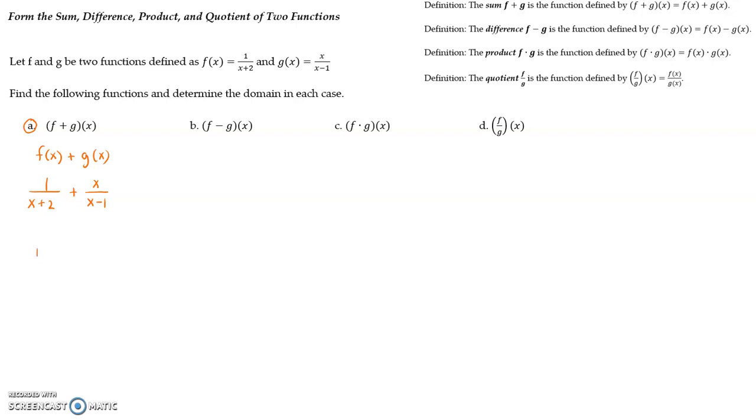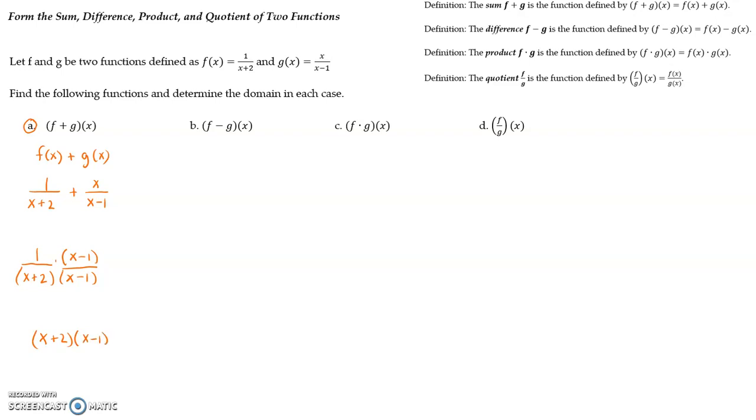We'll start with our first fraction, 1 over x plus 2, and multiply top and bottom by x minus 1. That gives me a common denominator of x plus 2 times x minus 1.